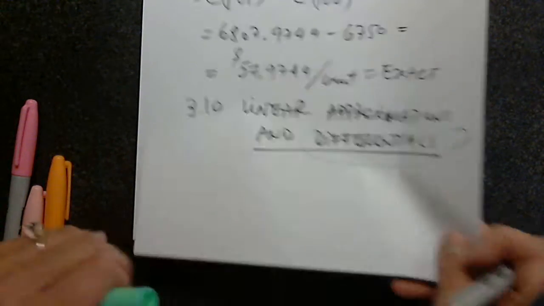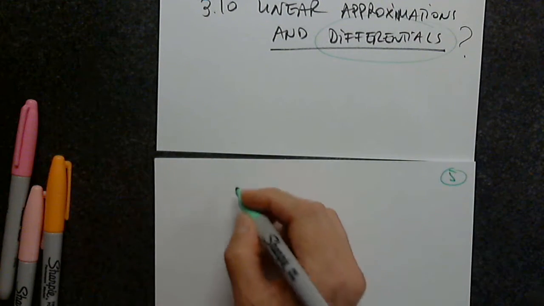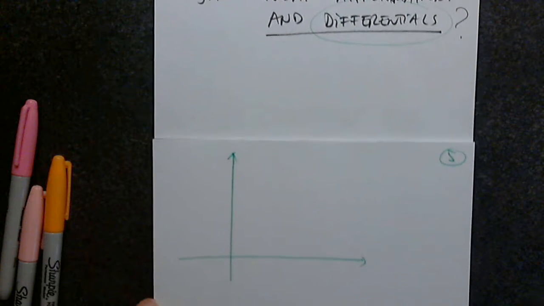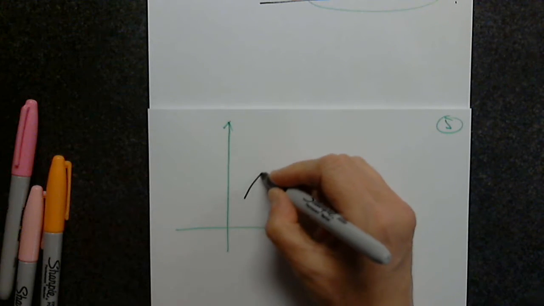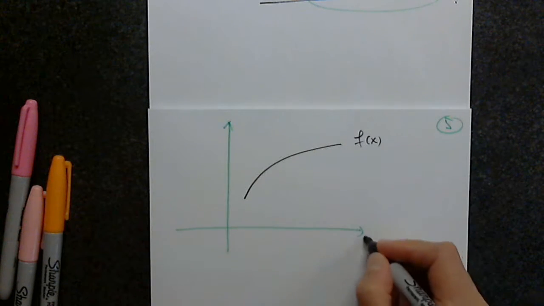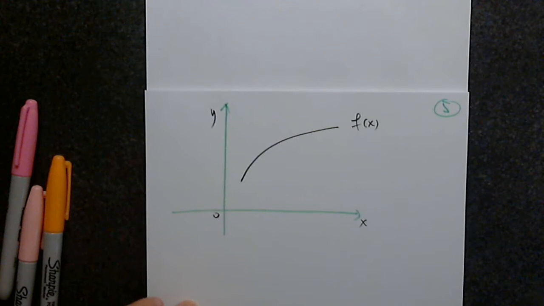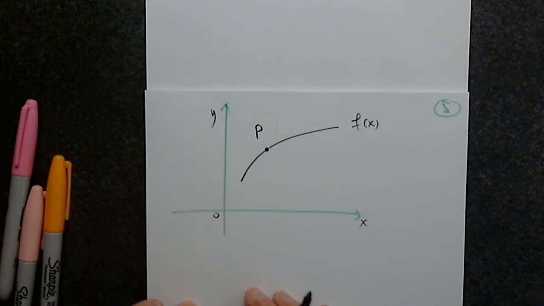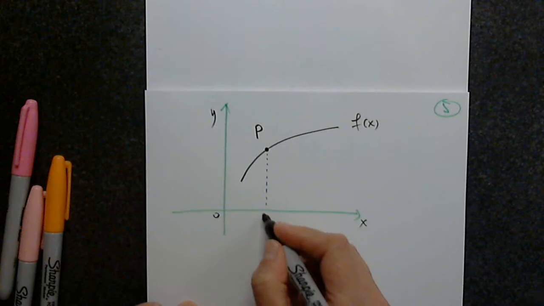Okay, so let's go back to our favorite drawing. This is our favorite drawing. And you'll tell me how many times we saw this. How many? We don't even remember. Good. Of course, I have a point, and that's point P. The x-coordinate is x.